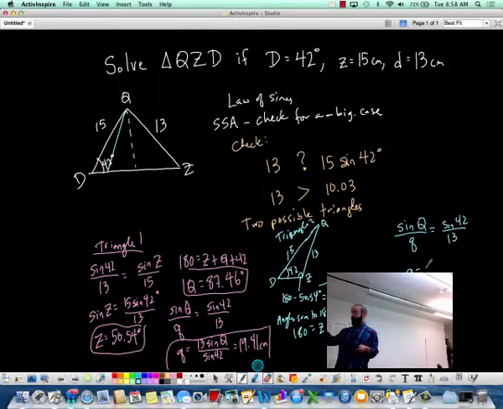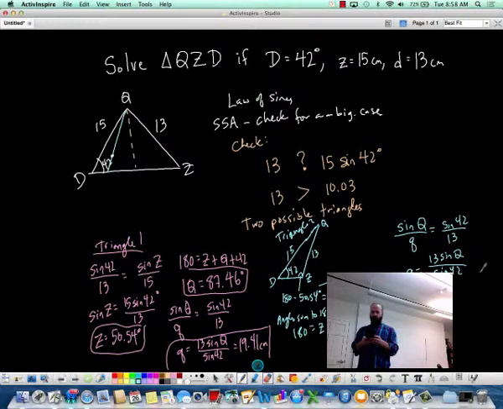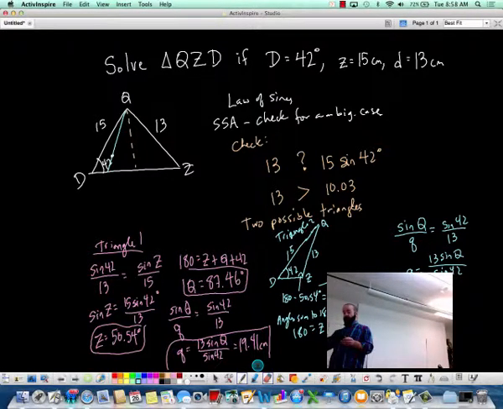If you cross multiply and isolate q, I would get this. And then when I plug that into my calculator, I get 13 times the sine of that number I just had, and I want to divide that by the sine of 42. And I get q is 2.89 centimeters.